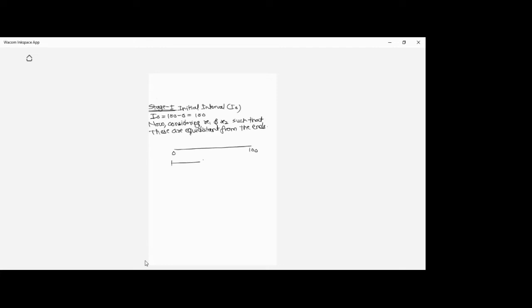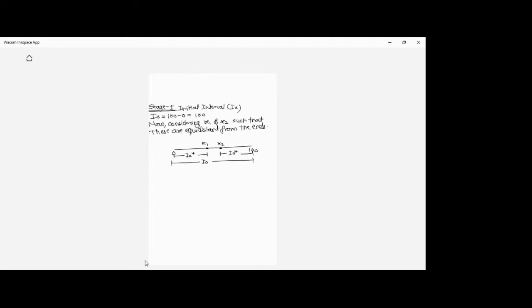So this is my I0 complete interval. Now I'm going to place my x1 and x2 such that they are equidistant from their ends, right? So I'll be naming this distance I0 star, and this is I0 star. So this is x1, this is x2, and this has been placed in such a manner that the distance I0 star is maintained at both the ends.